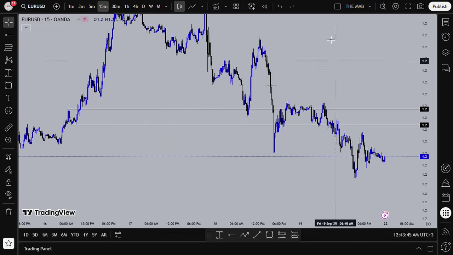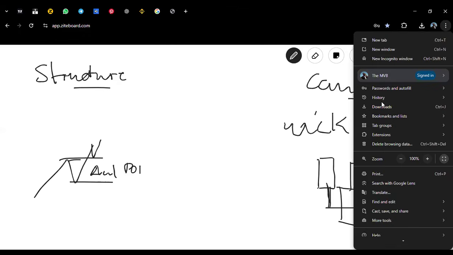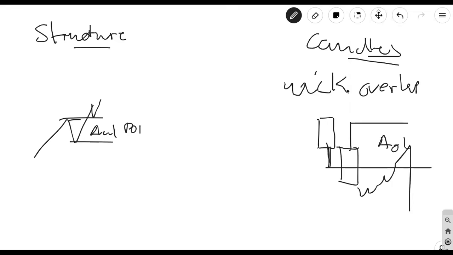So we talked about this in terms of structure, but we're going to talk a little bit more in terms of candlesticks.